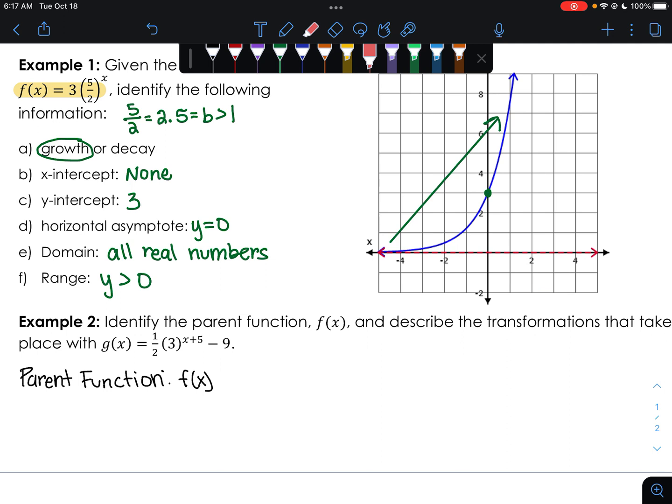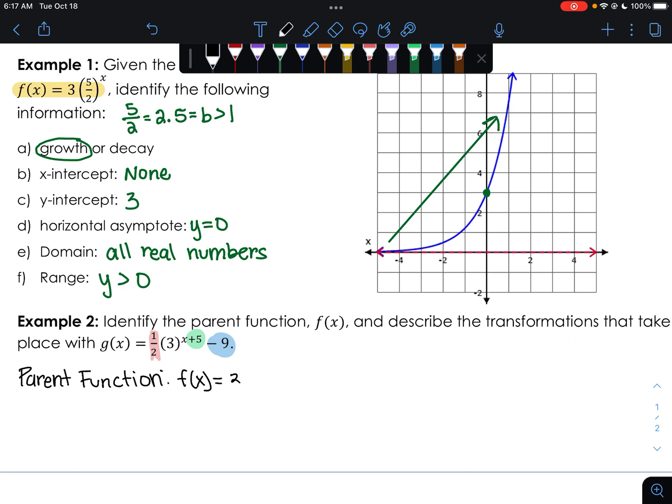So that means I'm going to take away the 1/2. I'm going to take away the plus 5, and I'm also going to take away the minus 9. All three of those numbers are transformations. So if I take all of those away, what am I left with? The base 3 raised to the exponent x, and that's it for the parent function. It will always be the base raised to the x power.